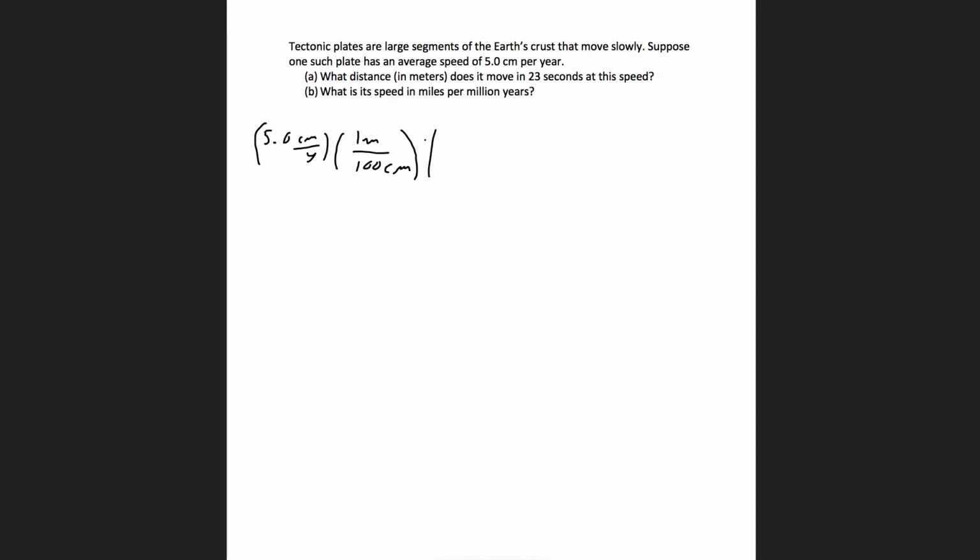We've got 1 year is about 365 days. Times 1 day is 24 hours.